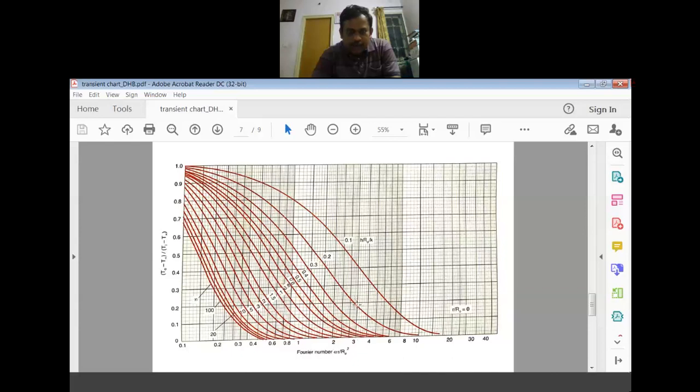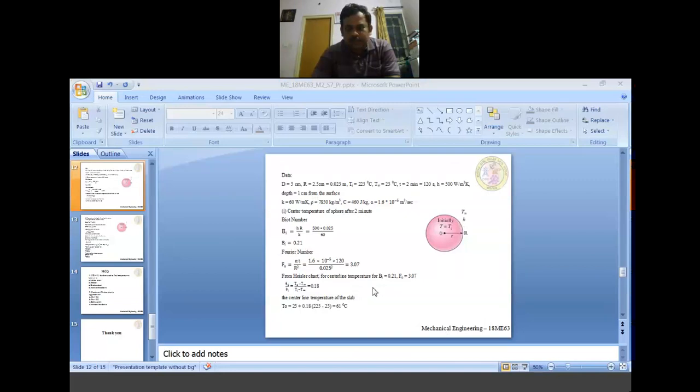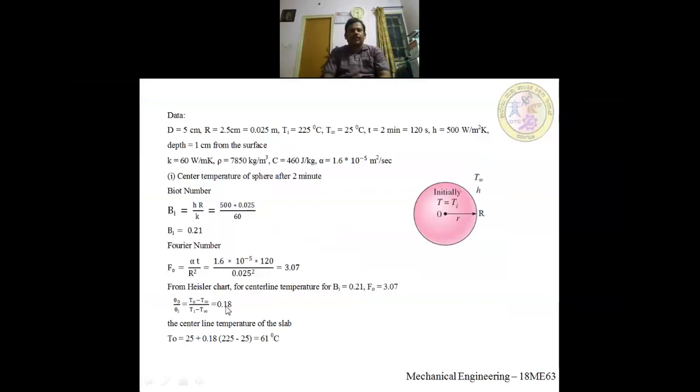You have to draw a horizontal line like this, and approximately 0.18 you are going to get. You know how to calculate T naught, so just substitute the values. T naught will be 61 degrees Celsius.